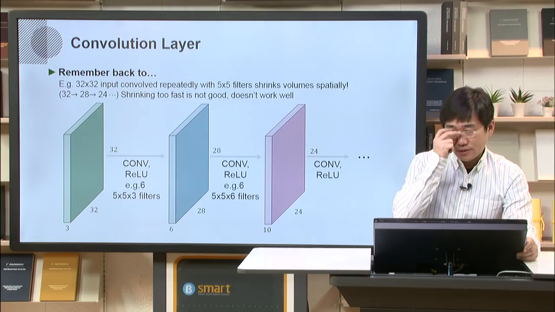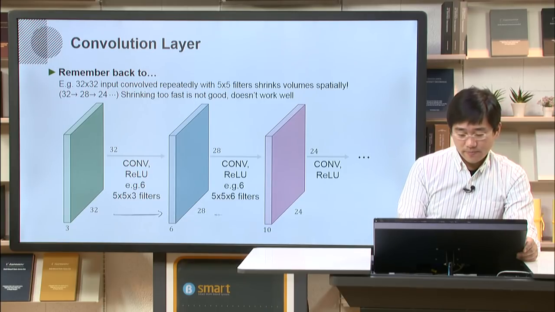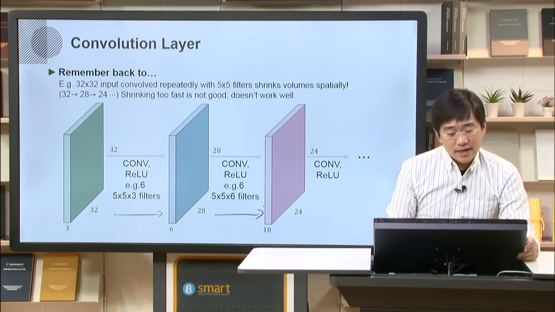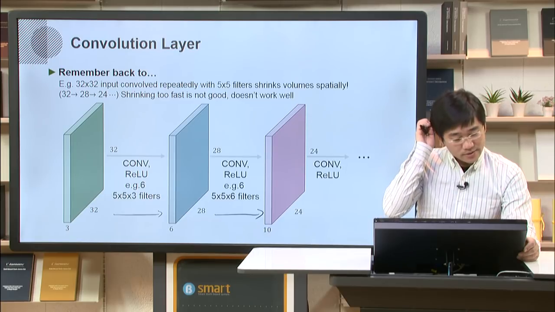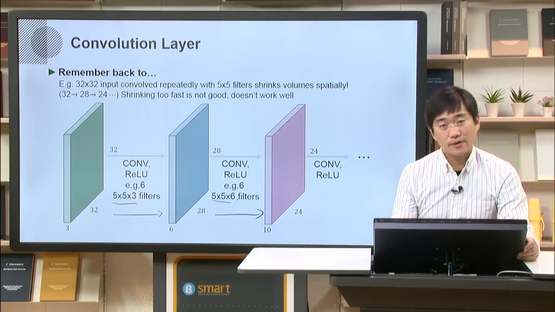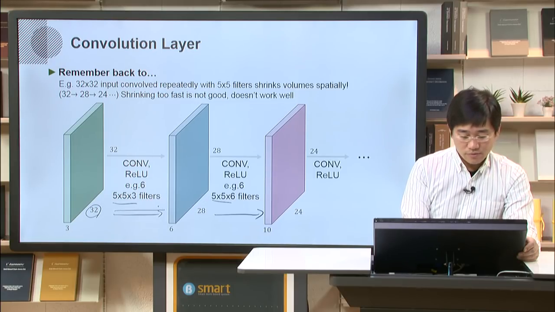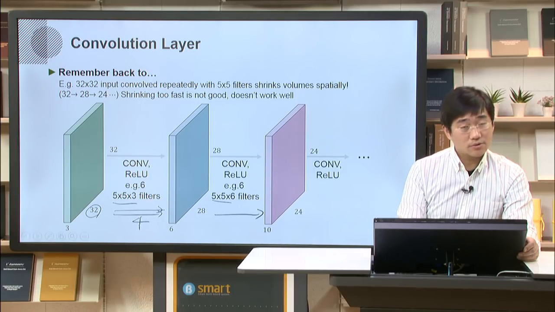The reason for this zero padding is to avoid shrinking the size of our image. So if we do not apply the zero padding, then in the previous example that we saw, if we apply this 5 by 5 filter, the input image size will be reduced by an amount of 4.